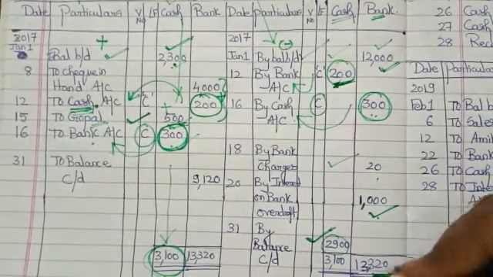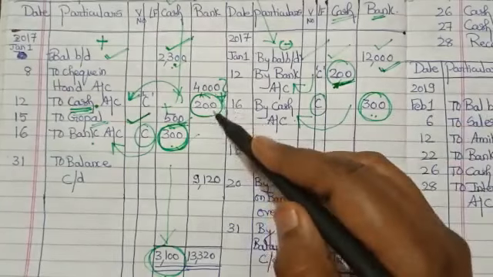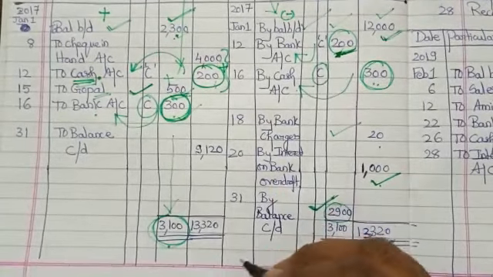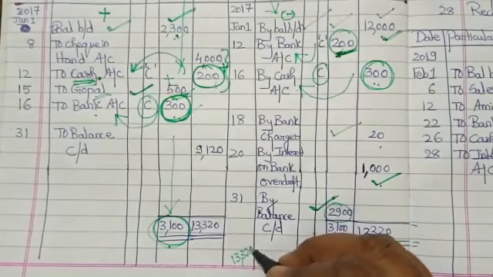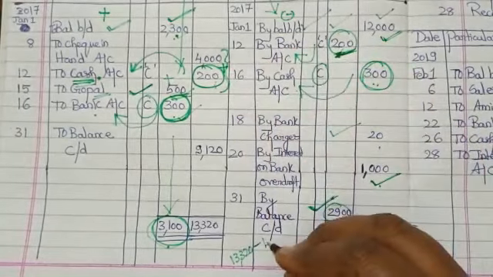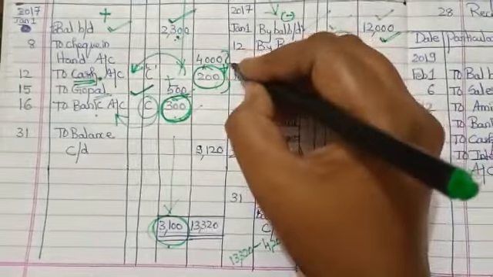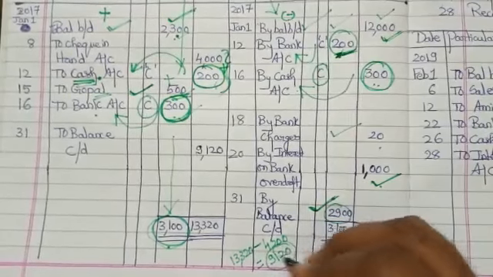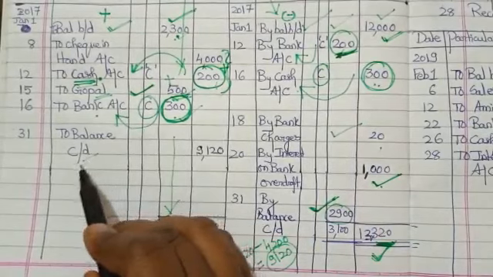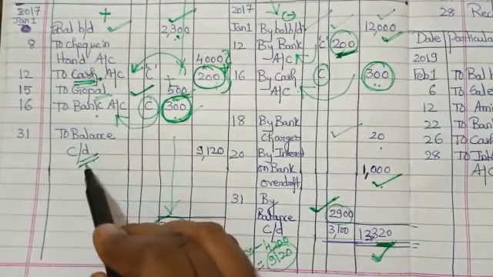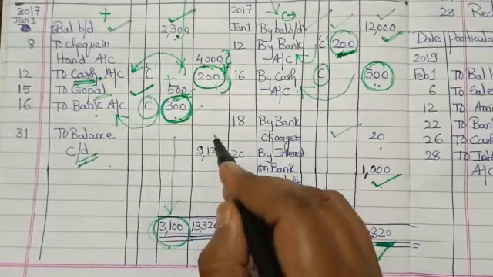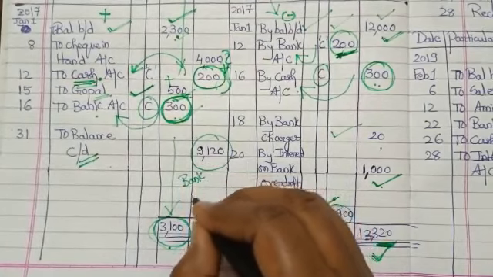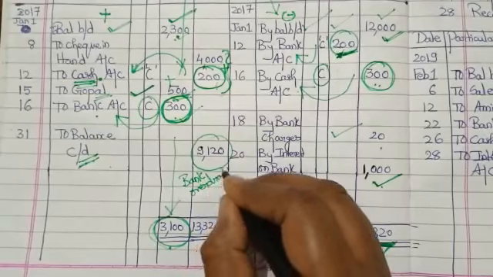So the credit side total is more and the debit side total is less. Out of 13,320, how much will you subtract? 4,200, these two amounts. So the answer will be 9120. So the balance you will write on the debit side as balance c/d 9120. So again it is a bank overdraft for the next month.